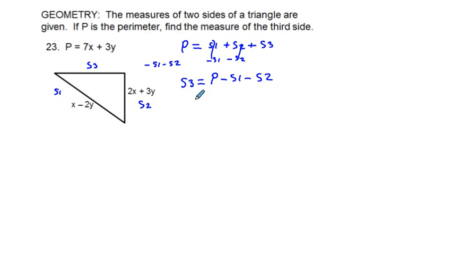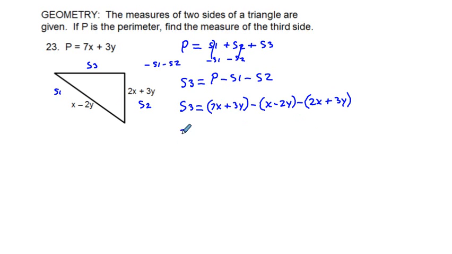And so let's go ahead and we'll put side 3, which is what we're trying to find. We're going to take our perimeter here, and I'm going to wrap this perimeter in parentheses. We have 7x plus 3y minus, I'm going to put side 1. Well, side 1 is down here below. I put x minus 2y and minus side 2, which is minus 2x plus 3y.